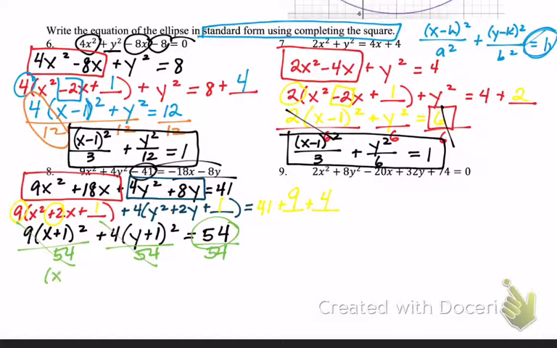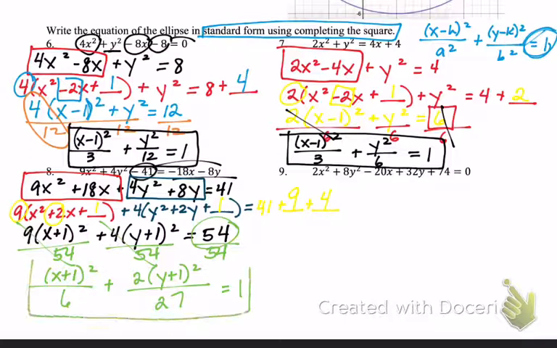Then I'm left with x plus 1 squared over 6, because 9 divided by 54 is 1/6, plus, 4 doesn't go into 54, so you have 2y plus 1 squared over 27 equals 1. And then you are finished.